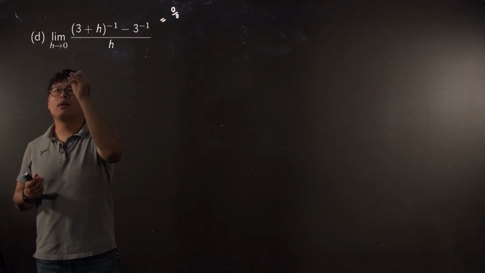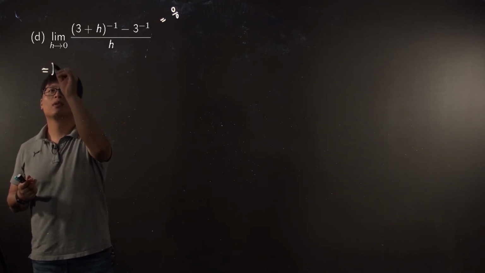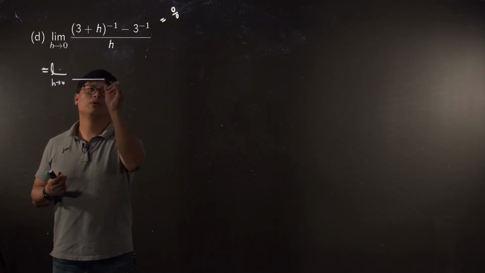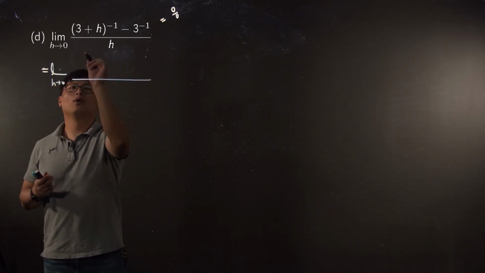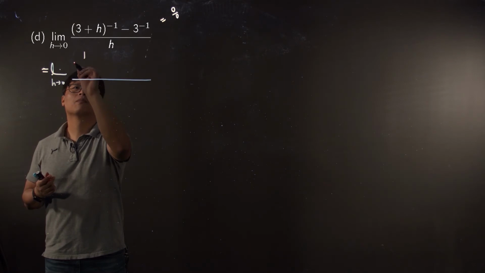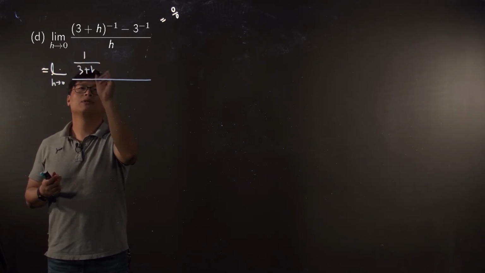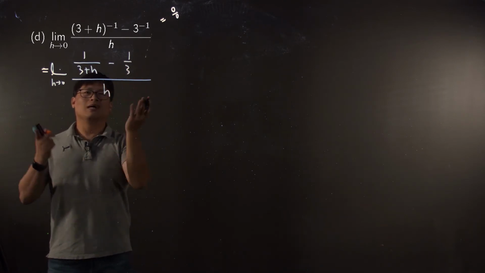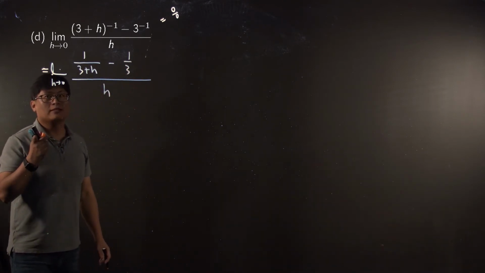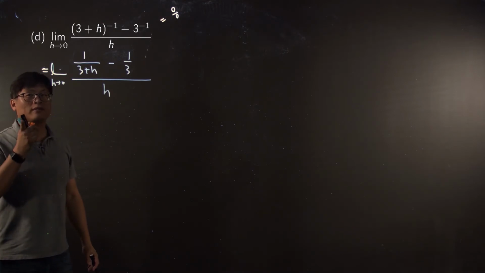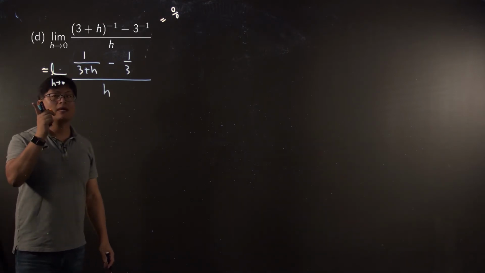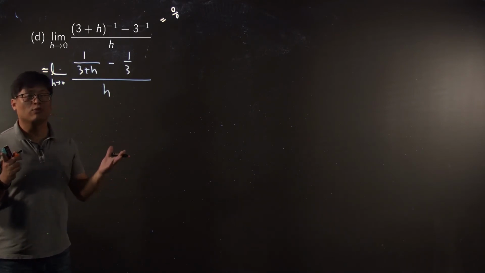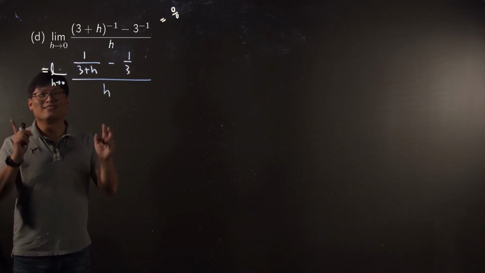So let me rewrite this problem in fraction form, big parentheses, 1 over 3 plus h, minus 1 over 3, all over h, right? It's okay, but it's a little bit complicated, right? We call this complicated fraction form a compound fraction. There are many different ways to take care of this one, but let me try to teach you with a silly way.